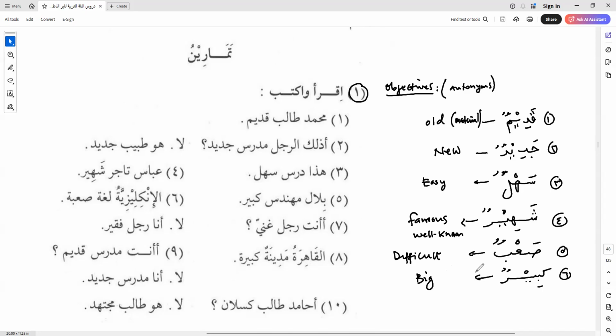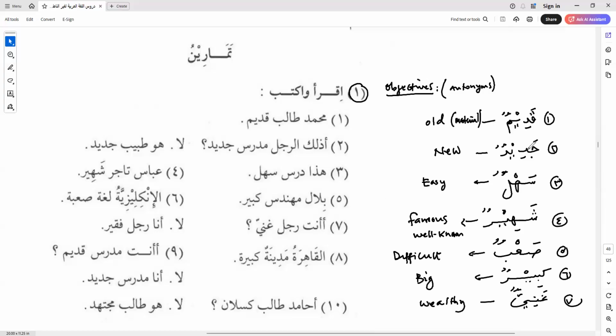Kabirun, big. And then the opposite of kabirun is saghirun, as we've already come across it. صغير. And then we have غني. If you are غني, it means you are wealthy. So this is adjective number 7.